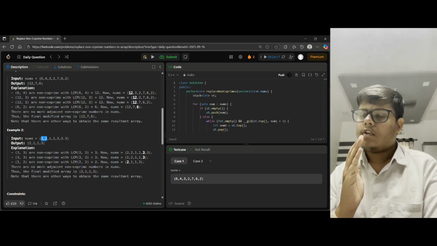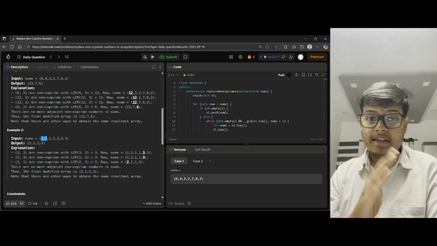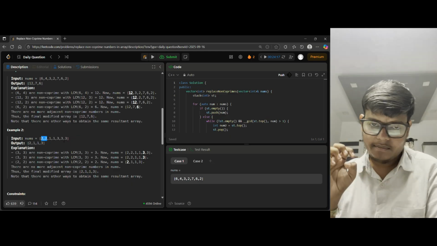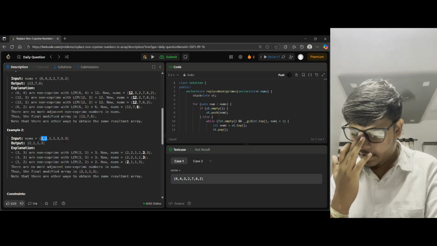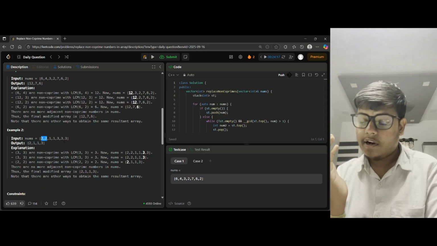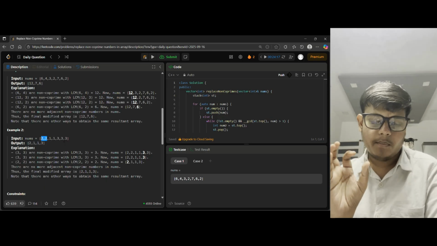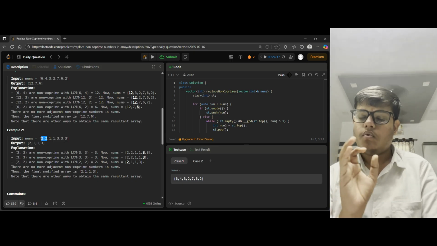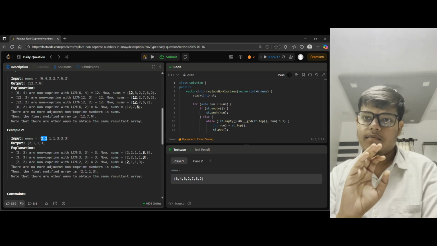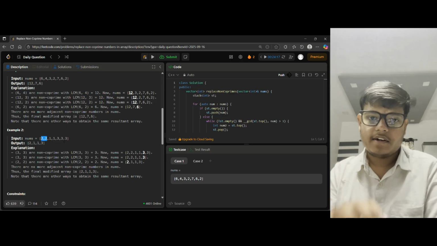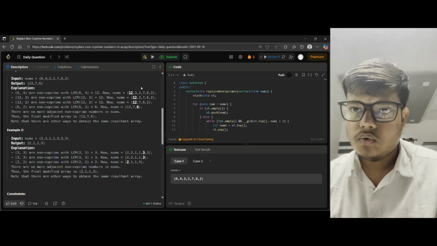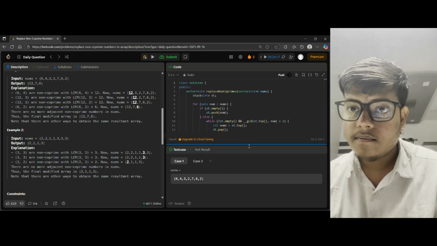If they are not coprime, we will take their LCM. I think I'm explaining in a slightly confusing way, so let me show the code first so you have a better understanding.